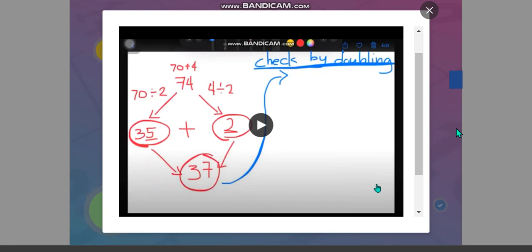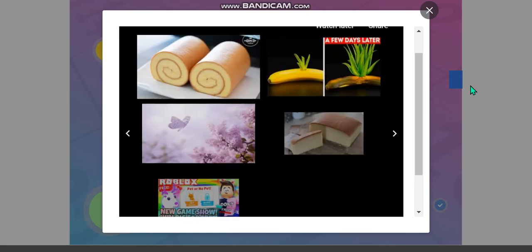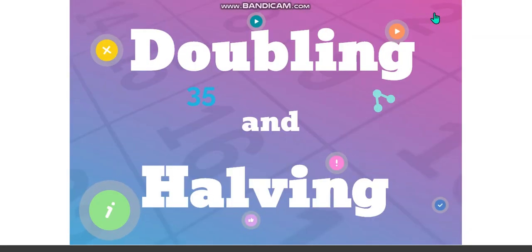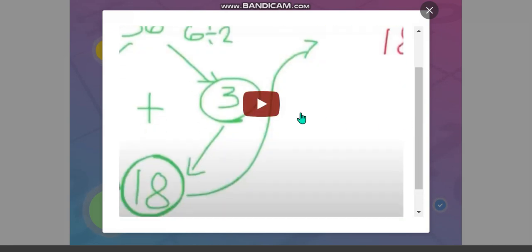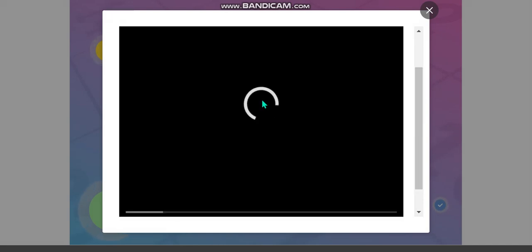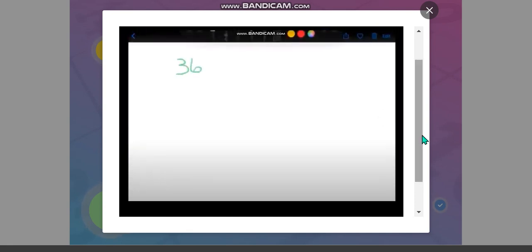Alright, so let's go to our next example of undoing halved numbers by doubling. Alright, so here's another example. Okay, let's write 36. Now 36 partitioned will be 30 plus 6.